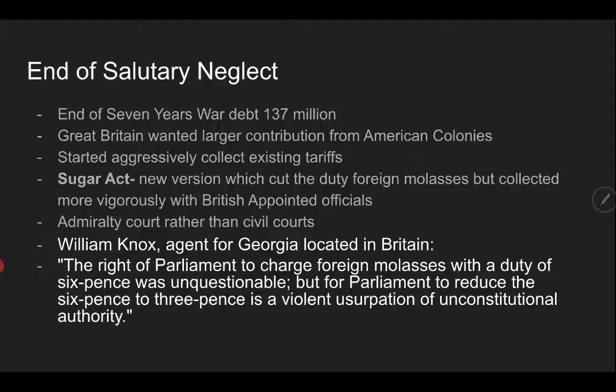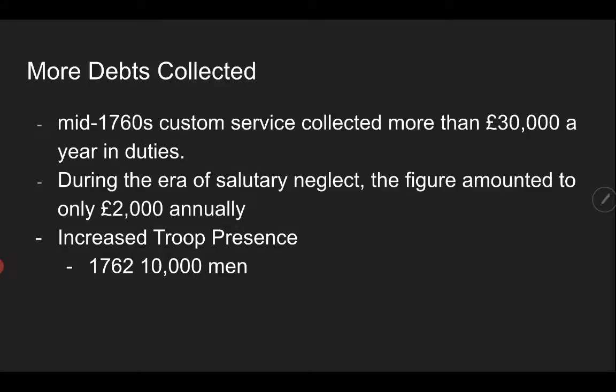The first time they try to collect more money is the Sugar Act, in which they reduce the cost of this tax. And the thing is, people are starting to get mad. I think this is always a funny quote, because they say the right of Parliament to charge foreign molasses with a duty of sixpence was unquestionable, but for Parliament to reduce it to 3 pence is unconstitutional. So they find it weird because they're reducing taxes and people are starting to get mad.